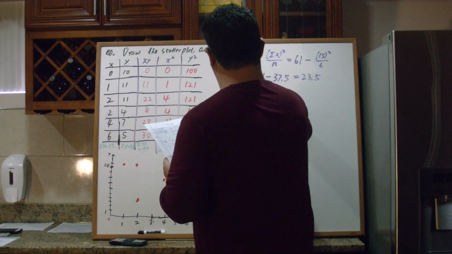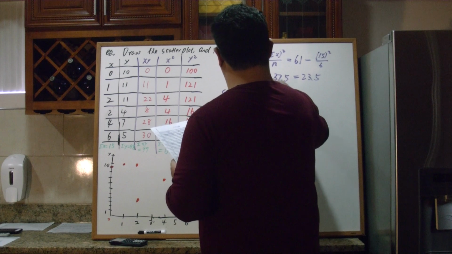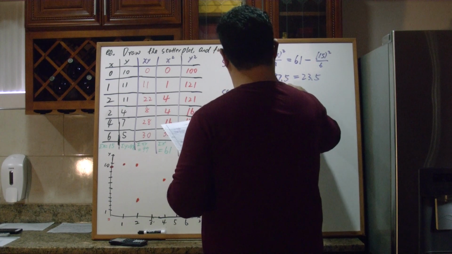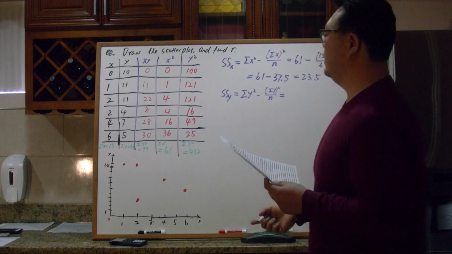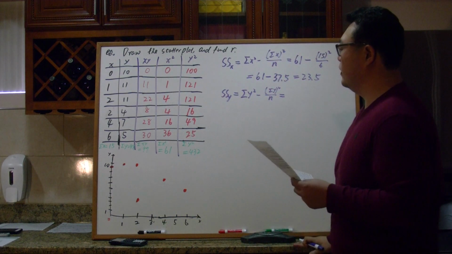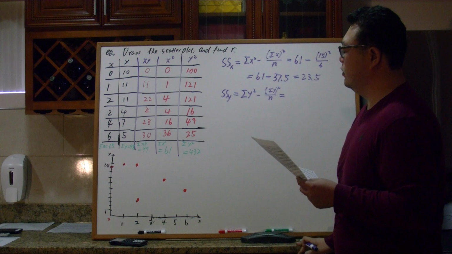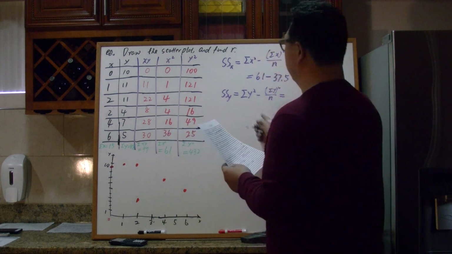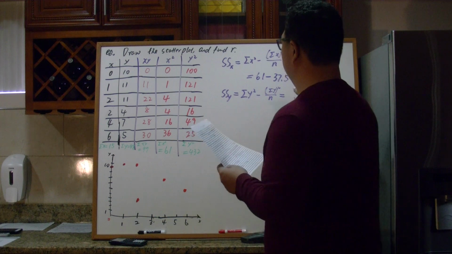Sum of squares of y is the sum of y squared minus the sum of y, squared, over n. If you're familiar with it already, it is the same thing as the numerator of the variance. The sum of y squared is 432.